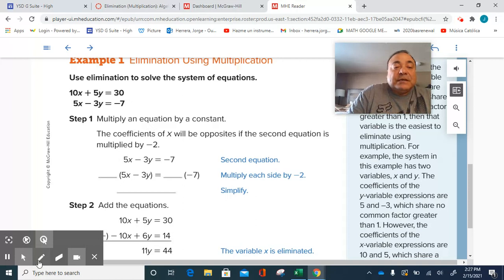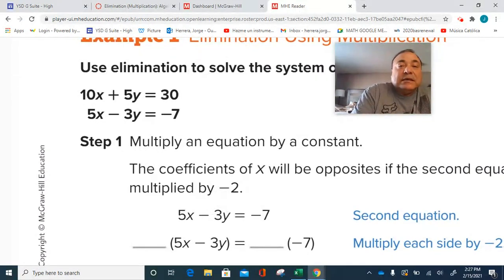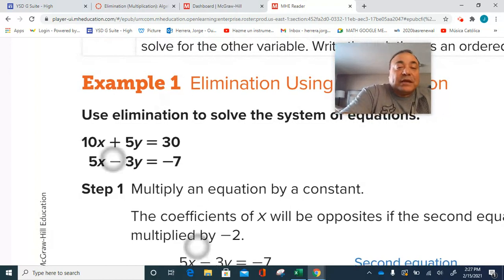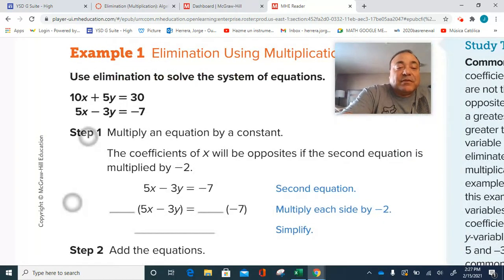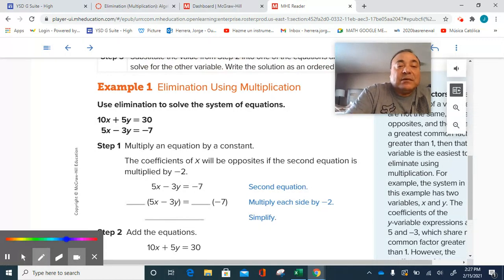Let me go back to this and see if I can get it bigger. Oh no, we can't. Sorry, guys, I need to make it a little bit smaller so I can find my pen, which is right about here. Okay, here we go.